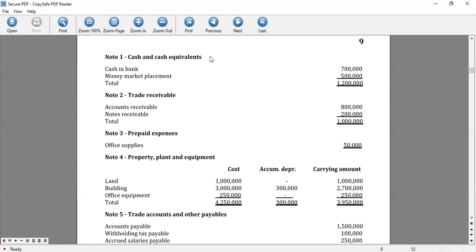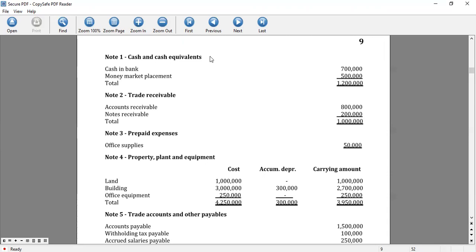So dividing 3 million by the life of 20 years, that would mean 150,000 for the depreciation per year, and we have 2 years from January 1, 2019 to December 31, 2020.